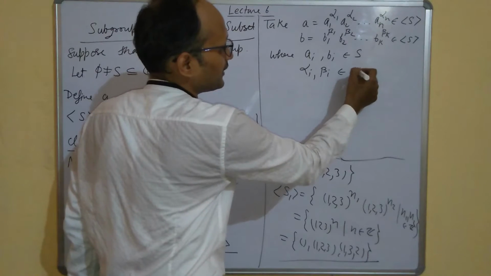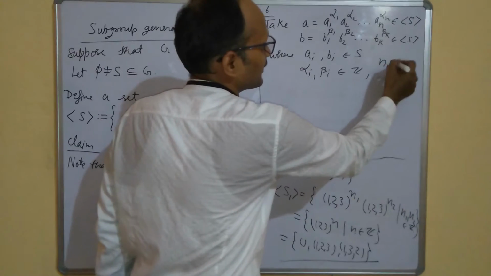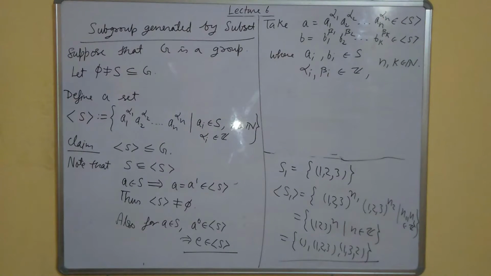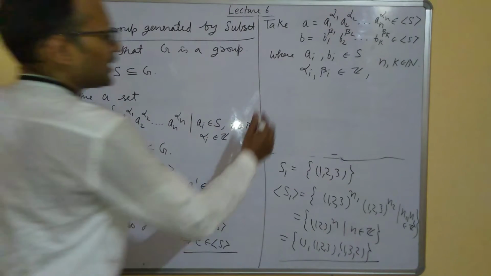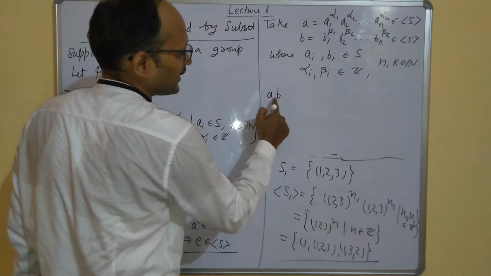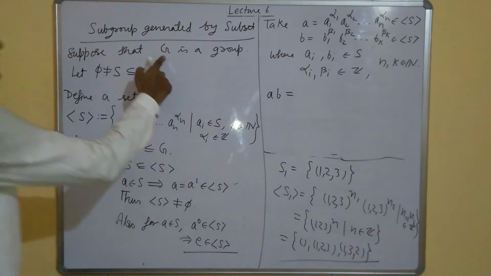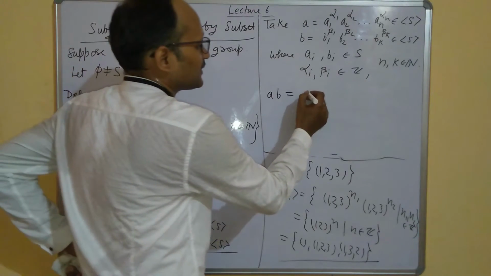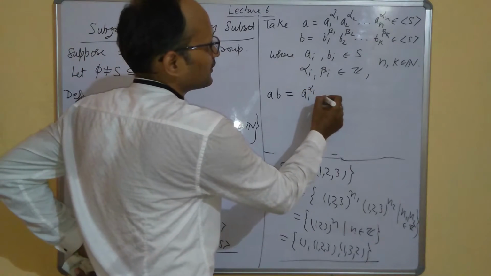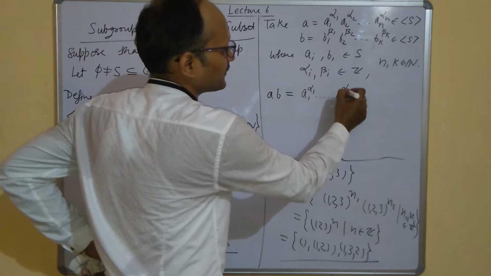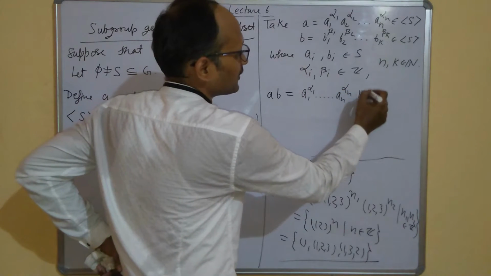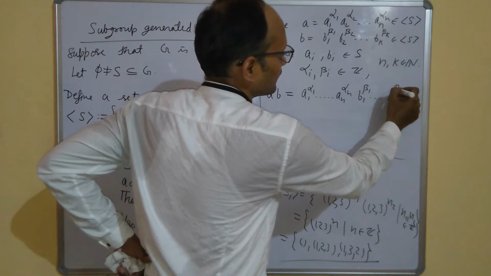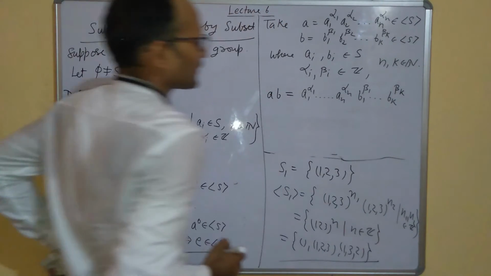These are integers. And what are n and k? These are natural numbers. Now what is AB, meaning A operation B? The operation is the operation of the group G. This is A1 alpha 1 up to An alpha n, and then B1 beta 1 up to Bk beta k.